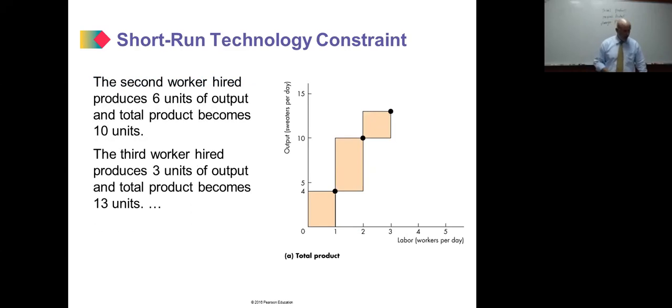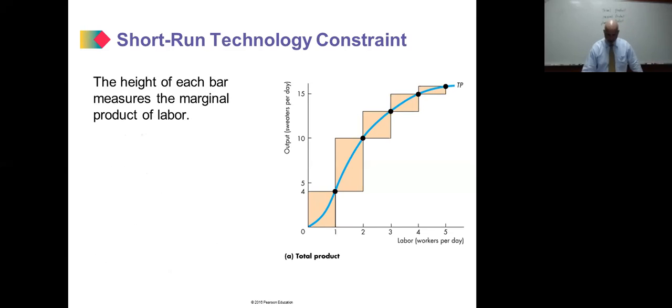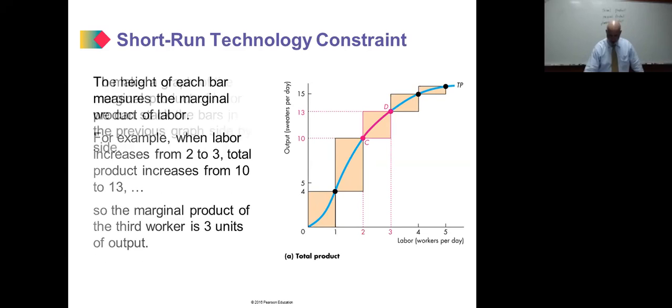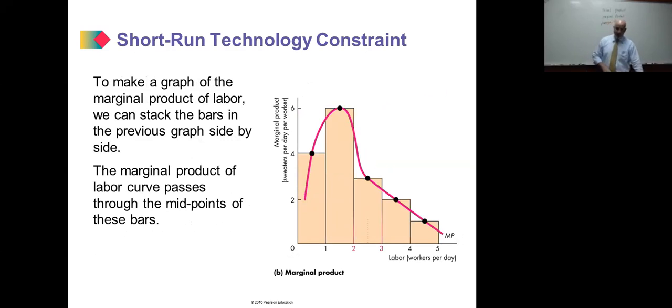The third worker hired produces 3 units of output. Now, what is total production after we hire 3 units of labor? 13. And then so on. So the height of each bar measures the marginal product of labor. And if we wanted to define that as a bar graph, we could go like this.